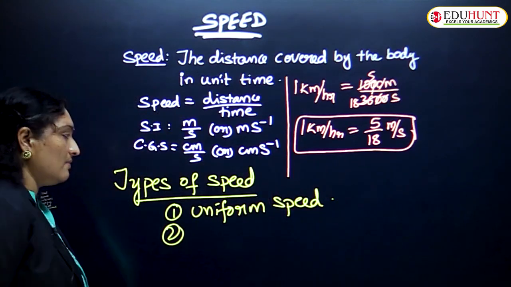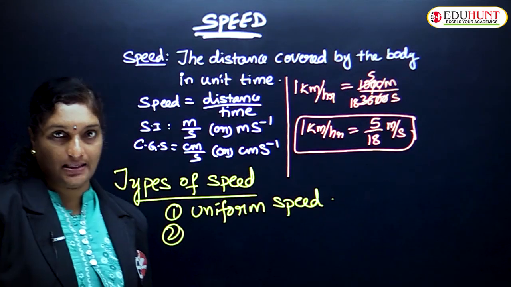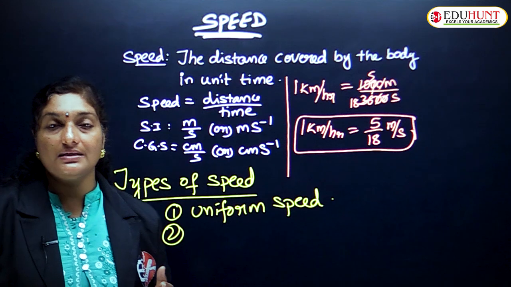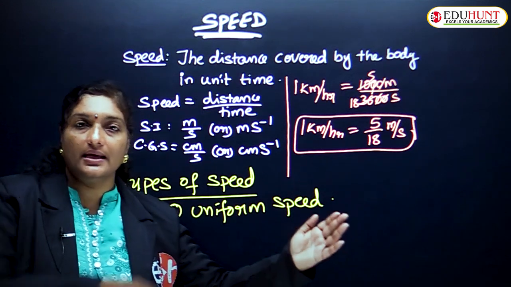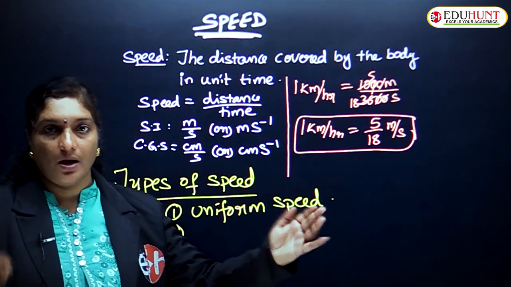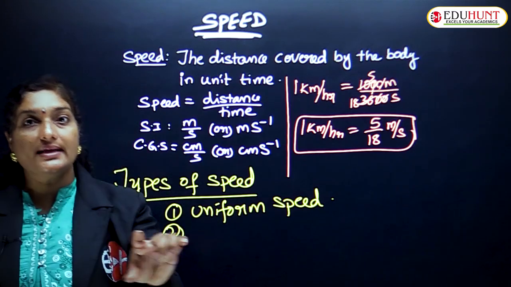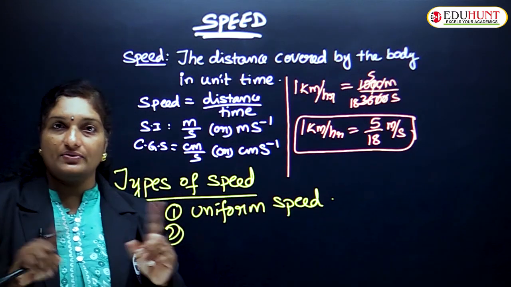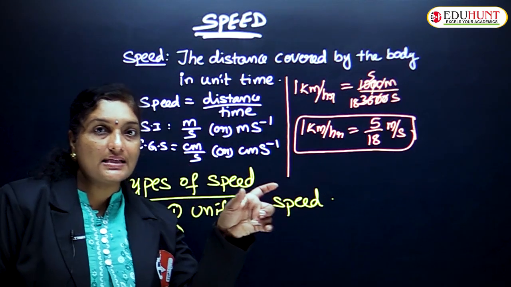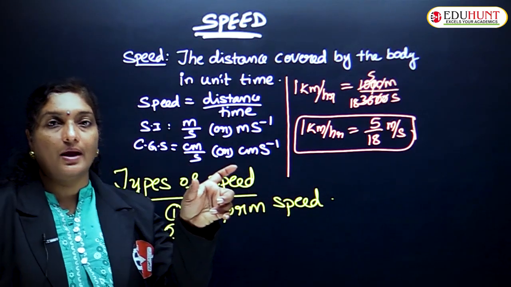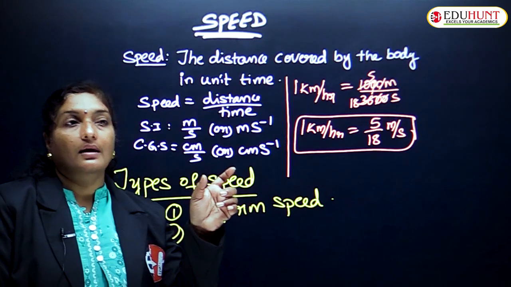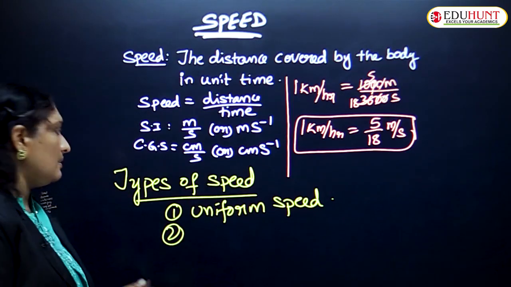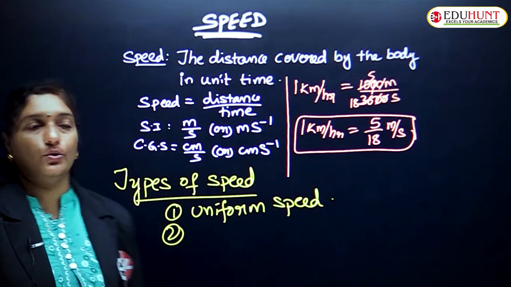Whereas if a body covers unequal distances in equal intervals of time, or equal distances in unequal intervals of time, in either case, both come under non-uniform speed.